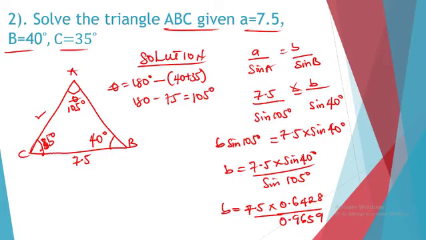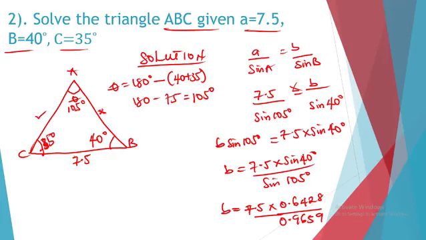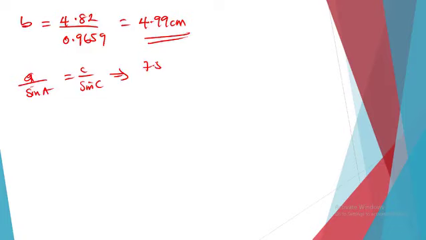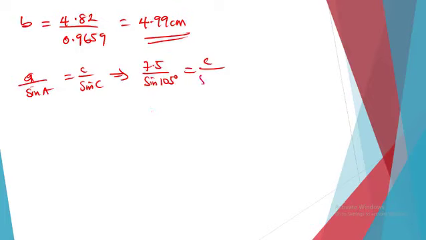To find the value of side C, which is here, we also use A and C. We have A over sine A equal to C over sine C. Small letter A is 7.5. So 7.5 over sine 105 equals side C, which is not given, all over sine 35 degrees.